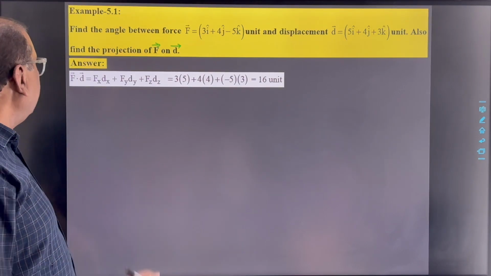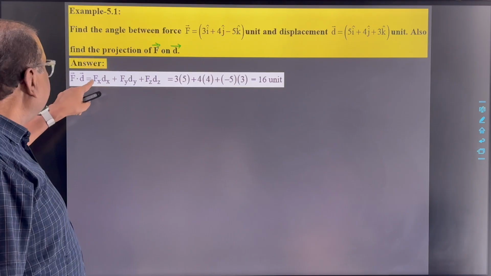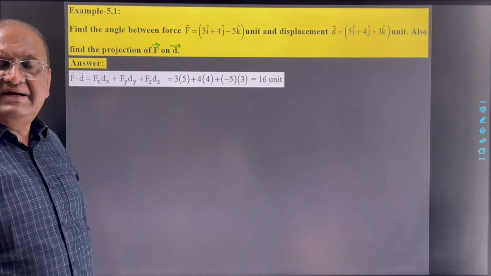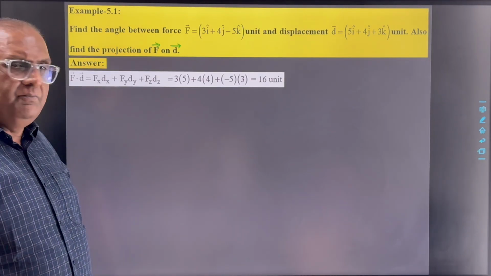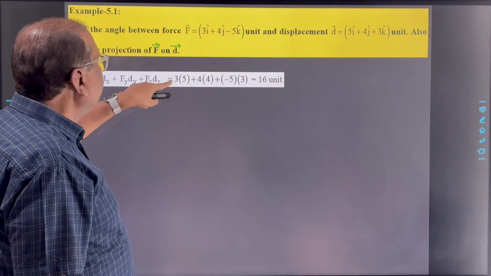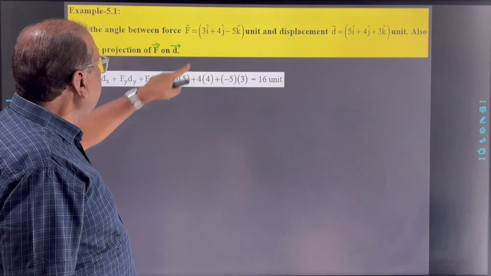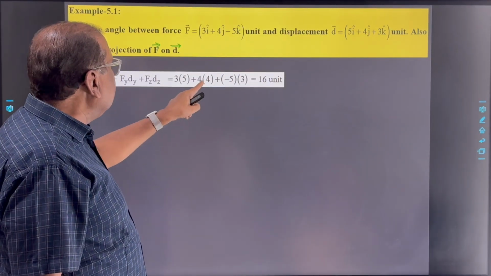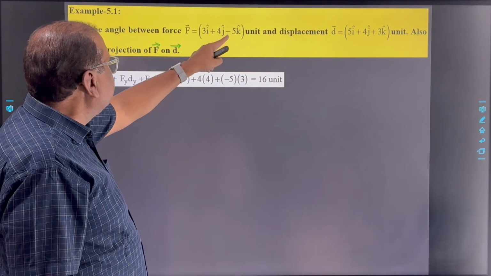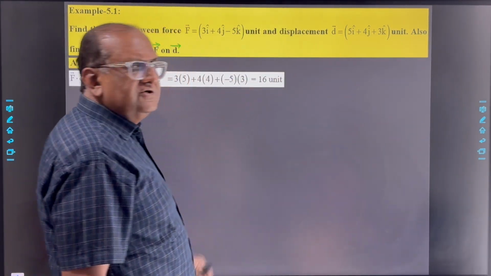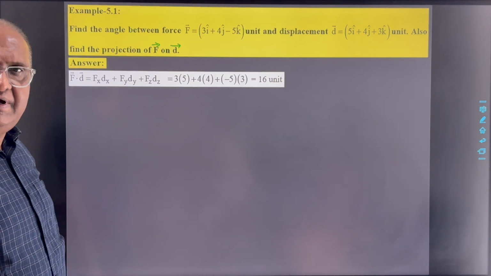So first find out F dot D, that is Fx dx plus Fy dy plus Fz dz, in component form. So Fx, that is 3, dx, that is 5, then Fy, that is 4, dy, that is 4, then Fz, that is minus 5, dz, that is 3. So its answer will be 16.